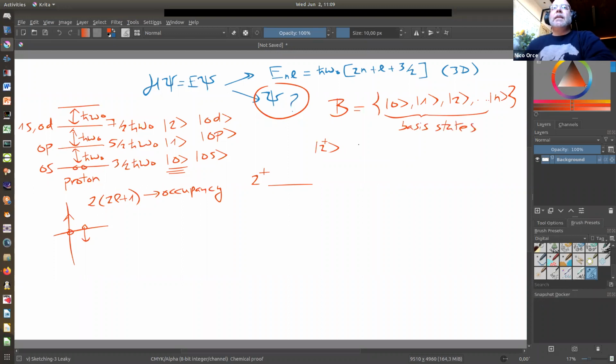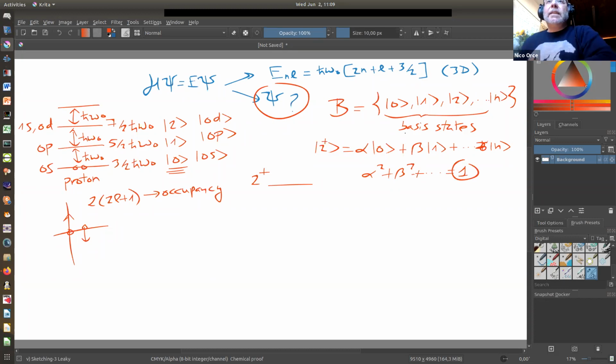Any such state is going to be given as a linear combination of these harmonic oscillator wave functions, right? Alpha times 1 plus blah, blah, blah, whatever constant, we call this one n, right? So alpha squared plus beta squared plus all of them is equal to 1, which provides 100% probability of this state being a linear combination of these particular basis states.